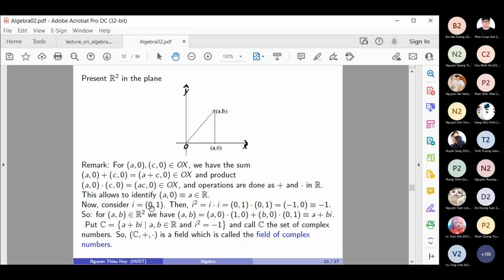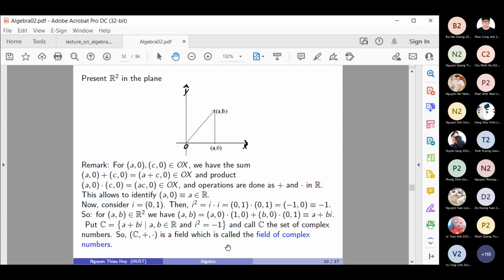Actually it's exactly this number (0,1), but after identification, this leads to the fact that i squared equals -1. The number i is called the imaginary unit, and we call this the set of complex numbers. Good. As proved above, we already knew that C with the addition and the multiplication is a field, and we call it the field of complex numbers.